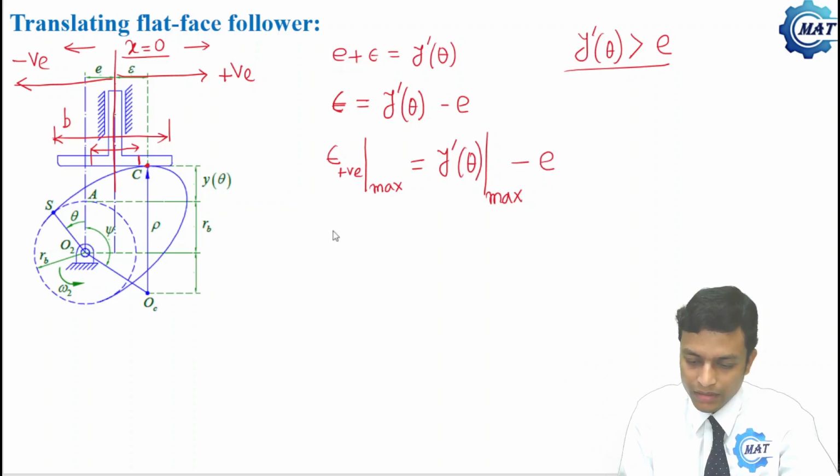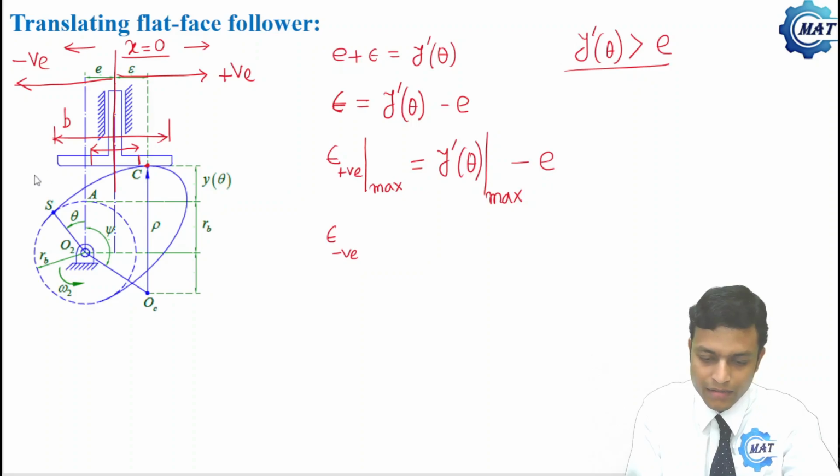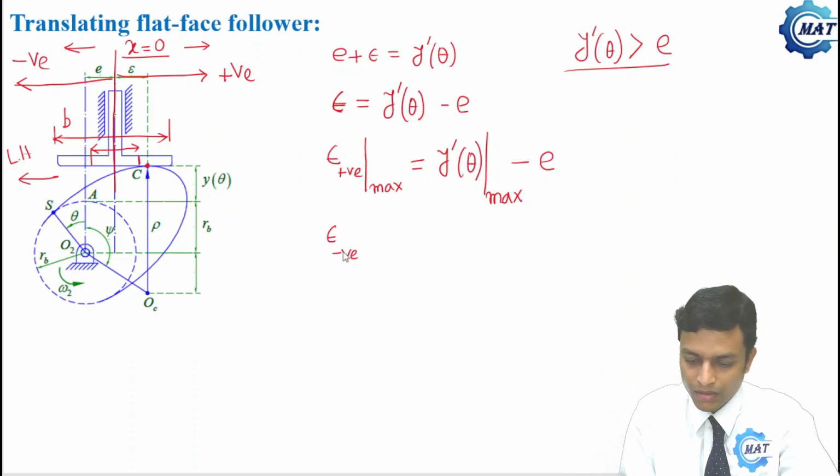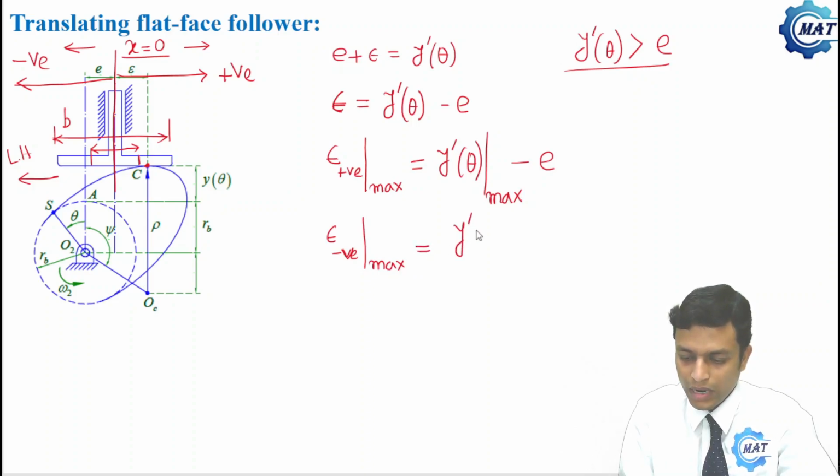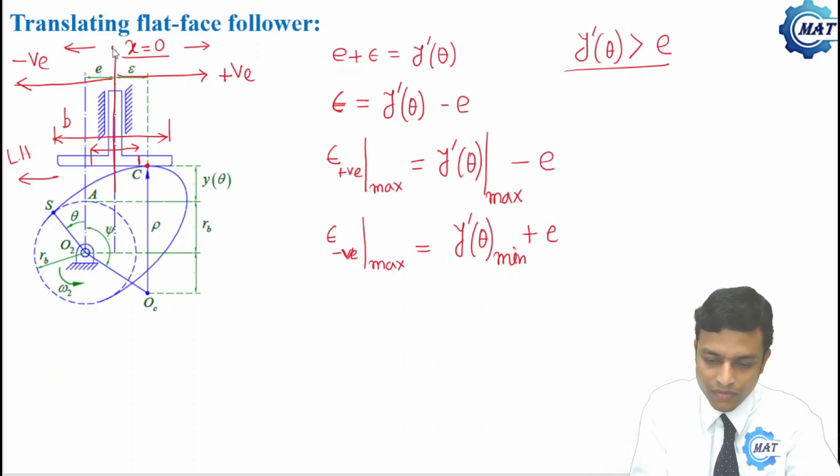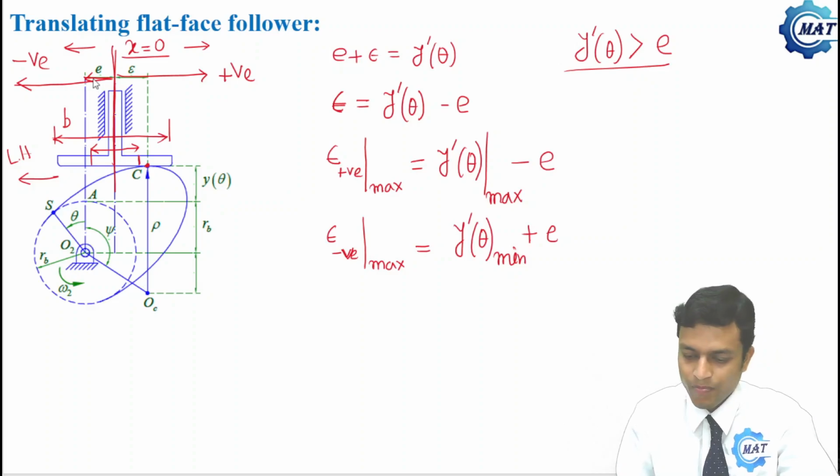That is, epsilon in negative direction on the left hand side, when it is negative, the maximum negative value will be y prime theta minimum plus E, because if this is my datum, then in this direction E will be plus.